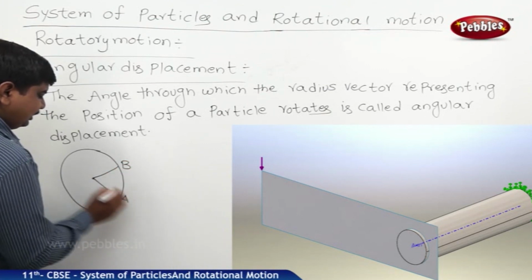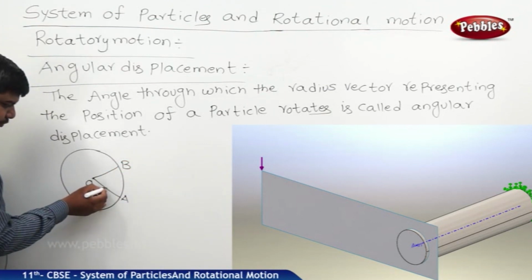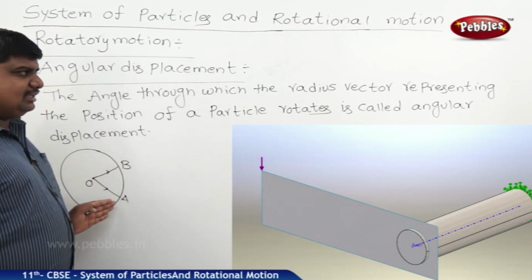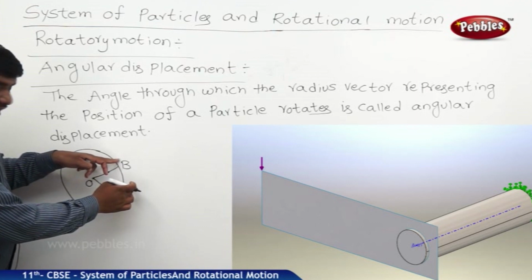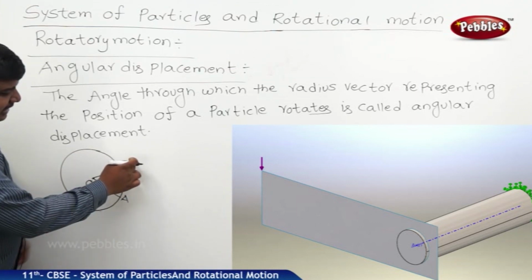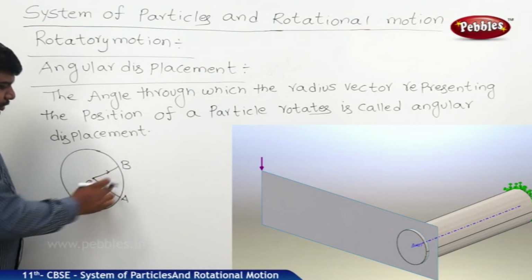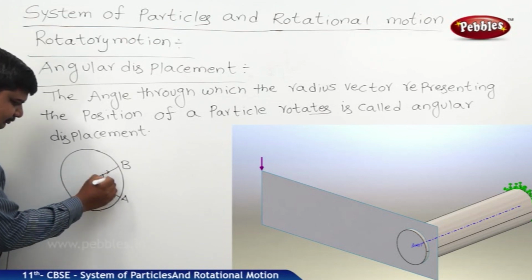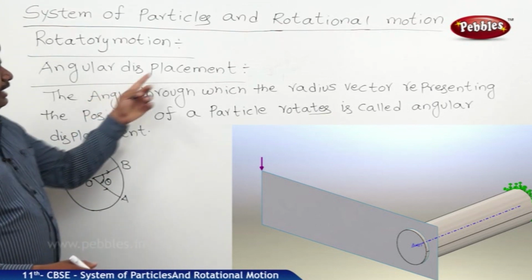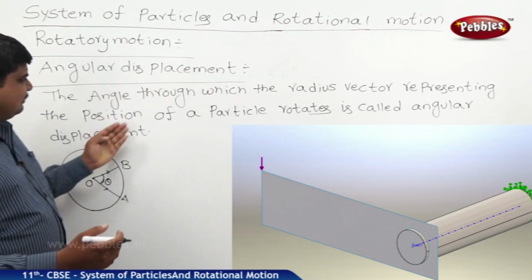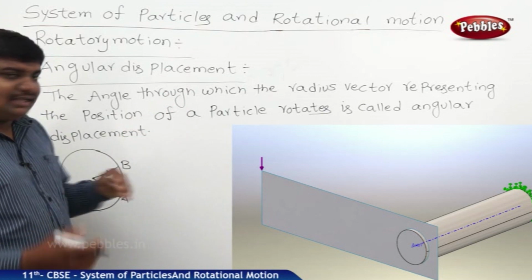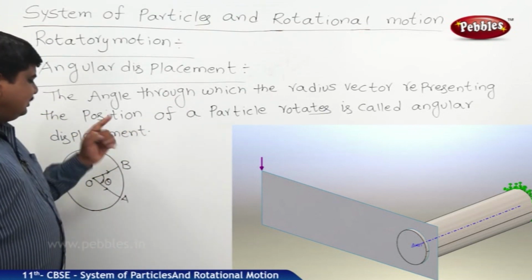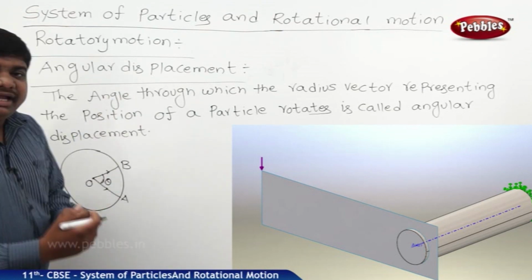So this OA or OB is called the radius vector, representing the position of a particle. One position is at A, another position is at B. So what is the angle made by these two radius vectors? It is called angular displacement.